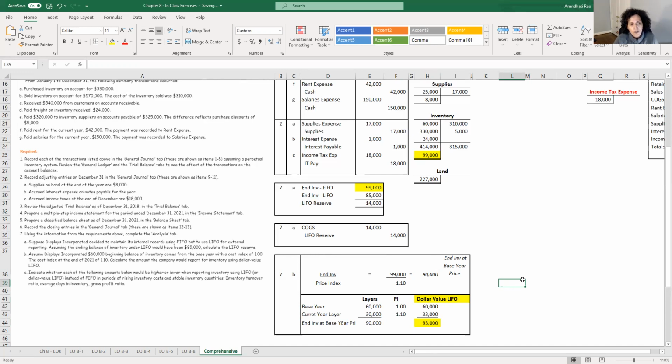They may use FIFO or average cost for internal reporting purposes, but for financial reporting purposes, they may choose to switch to LIFO. And therefore, the difference between what they have for internal reporting purposes and external reporting purposes is called the LIFO reserve. And remember the LIFO conformity rule. If they use LIFO for tax purposes, they have to use it for financial reporting purposes. So they don't have the choice of backing out of this.